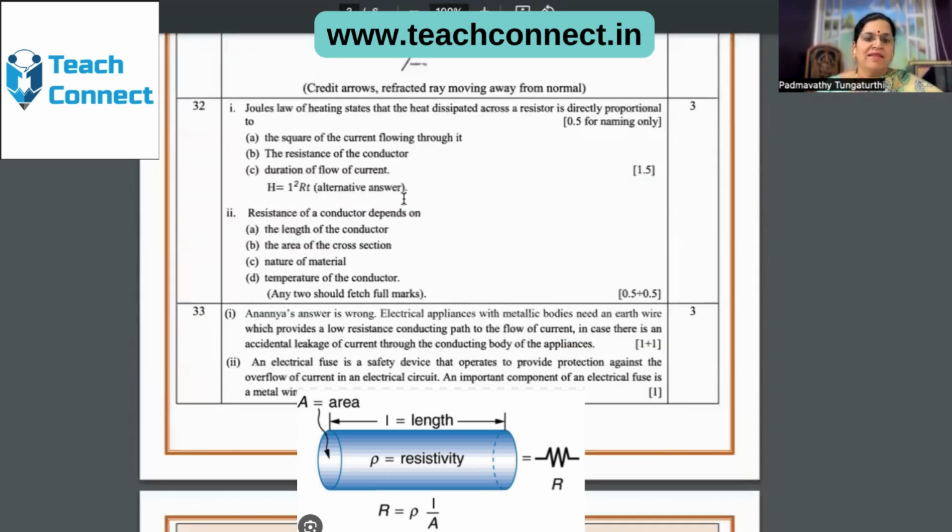The resistance is dependent on the temperature of a conductor, that means one specific temperature, one specific resistance, and the nature of material. Here it is written any two should fetch full marks, but I advise you all to ask the students to write down the complete answer, because the knowledge and the thoroughness will increase.